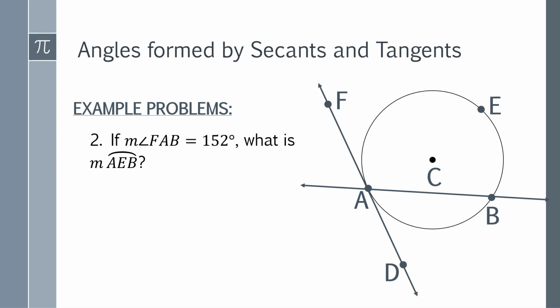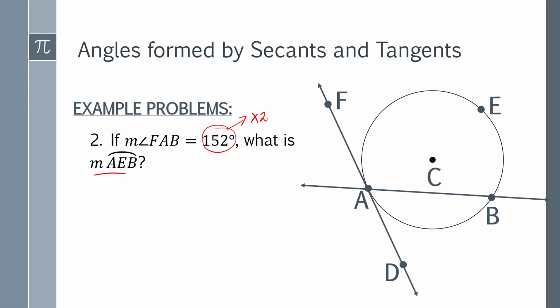Done already? Let's have this part. So remember, if you have a given measure of this angle and you are asked to find the measure of the major arc, what we are going to do here is very simple. If this is a number only, then you have to multiply this by 2.